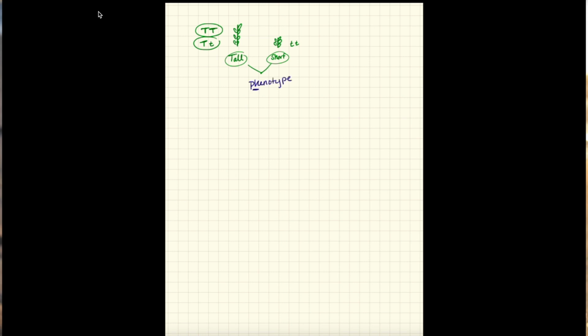So these are the phenotypes: pH, physical characteristic. And if you match those up, hopefully it helps you to remember it. Whereas these are the genotypes, or the genes that are passed down from the parents.